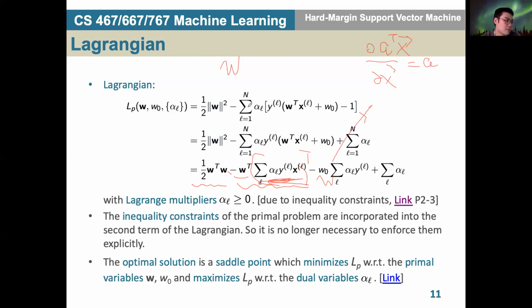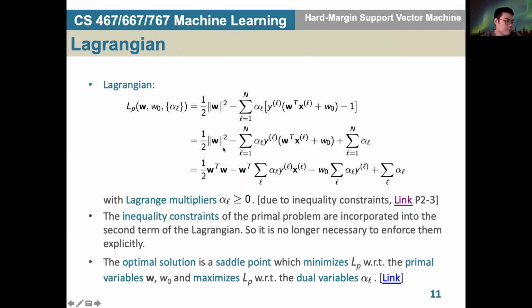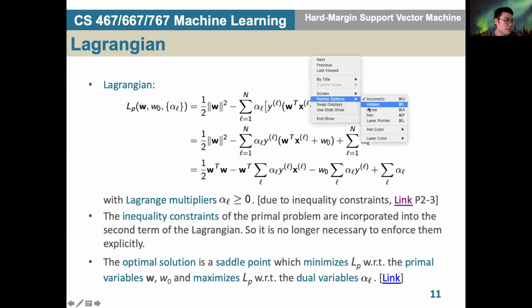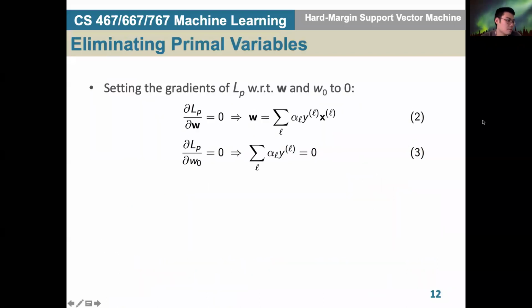So the second term is minus the summation of this, and we set it to 0. If this is the case, basically we say W is equal to this. That's why we have this first term. The second term is taking the derivative with respect to W0. When you take the derivative with respect to W0, you just look at the term that contains W0, and you take the partial derivative, which is a scalar. So it's the coefficient minus this, and then you set it to 0, which means the summation of alpha y is 0, which is the second term.